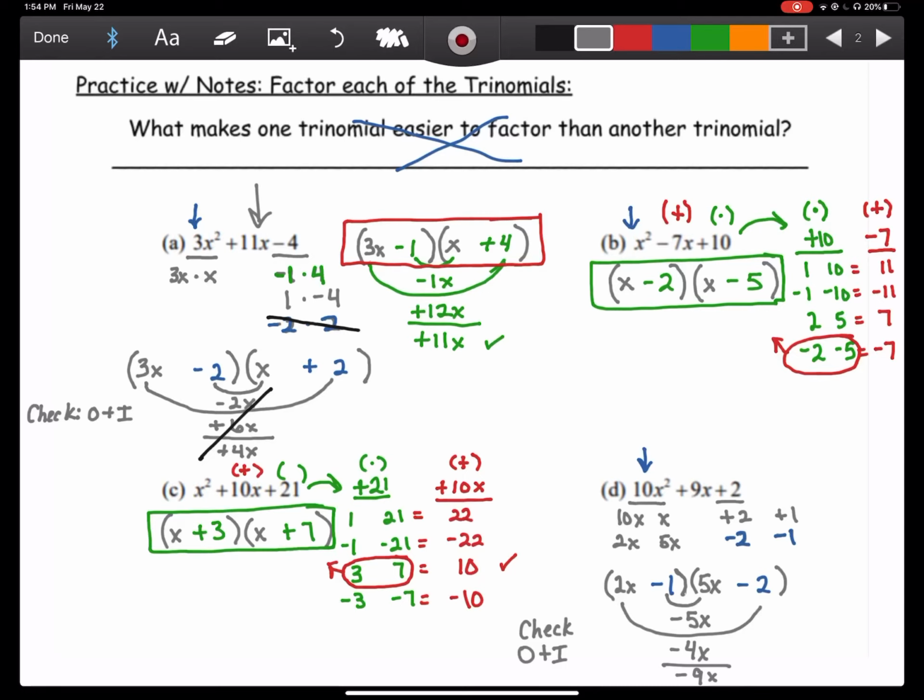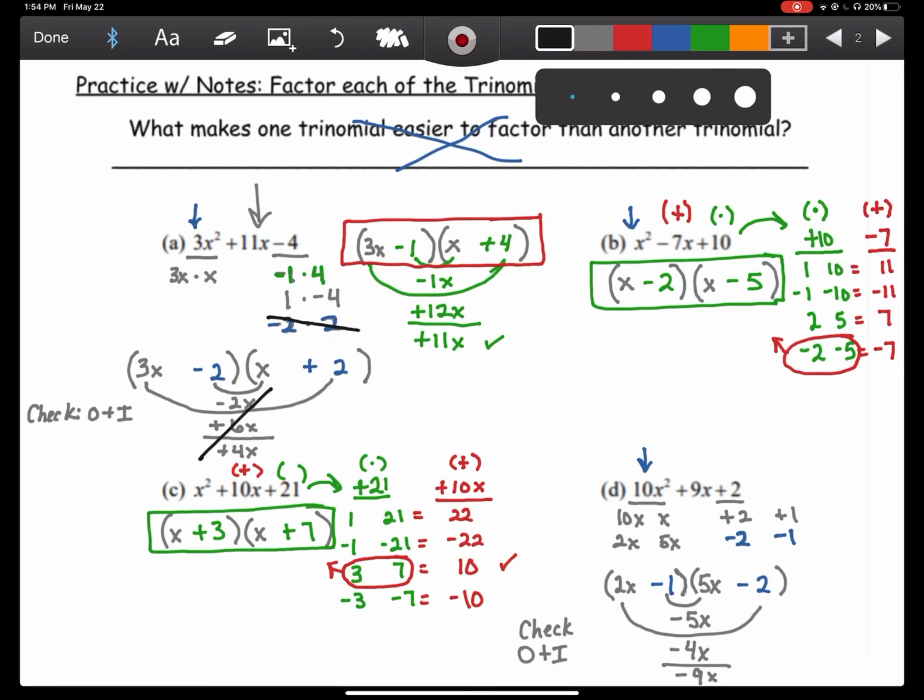Now that is closer, but that also sheds some light on the order that we need to use. So we definitely need the 1 to be with the 2x, and we definitely need the 2 to be with the 5x, but we know that the signs are not correct. So hopefully you're realizing if we had chosen the positive 1 and the positive 2, we would be done by now.